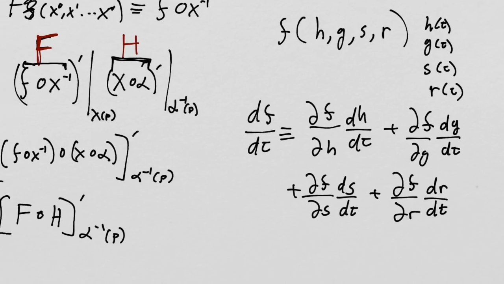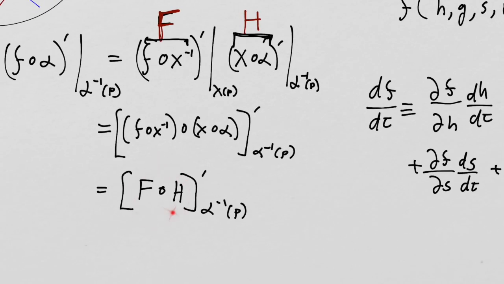Now, how does this jive with f composed with h? Well, it looks like f composed with h, where h is now a function just of t, right? So that is f of h of t.